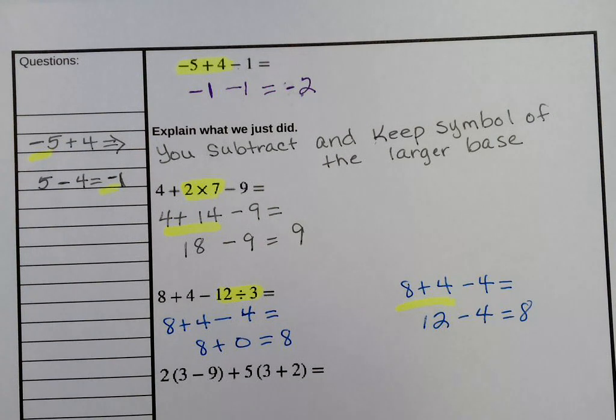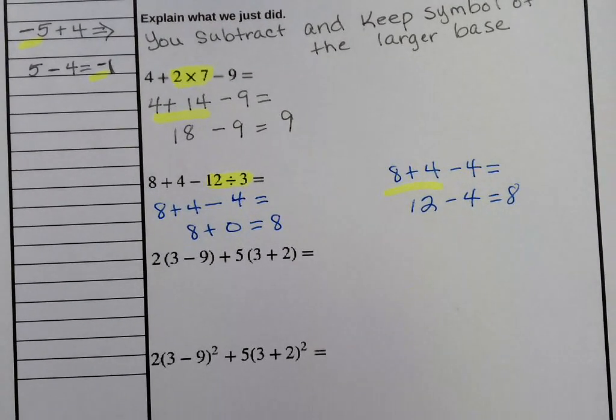Okay, going to the next one. 2 times the quantity of 3 minus 9 plus 5 times the quantity of 3 plus 2 equals. According to order of operations, I do what first? P stands for parentheses.